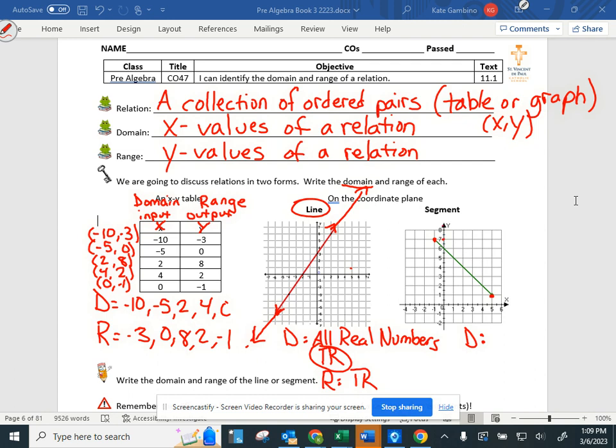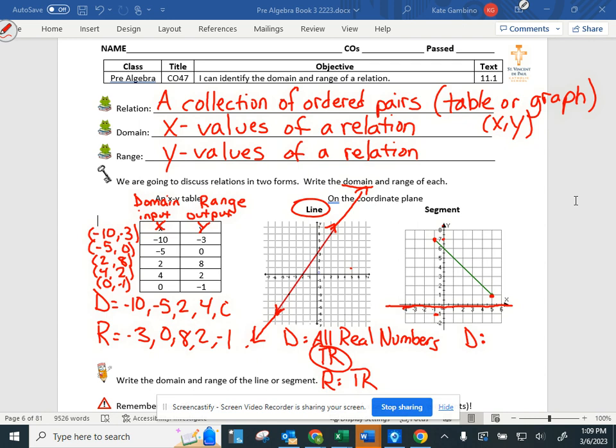Is 7 our x? Aiden, look at our x-axis. If I'm reading from left to right, what is that first x that I get? 1. Careful.